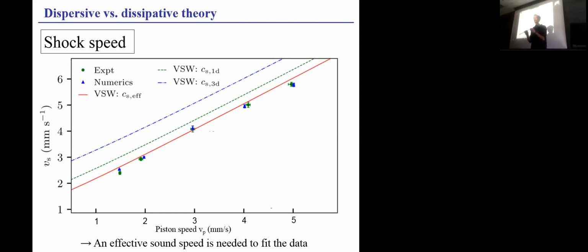Then I can say my BEC is elongated in one direction, so I should average over the transverse profile, which gives me 1 over square root of 2, this 1D speed of sound over here. But we have to go even a little bit below that, and that's borne out not only in the experiment, but also in the numerics. So we keep that in mind. We need an effective speed of sound, but if we do so, then viscous theory fits the data.